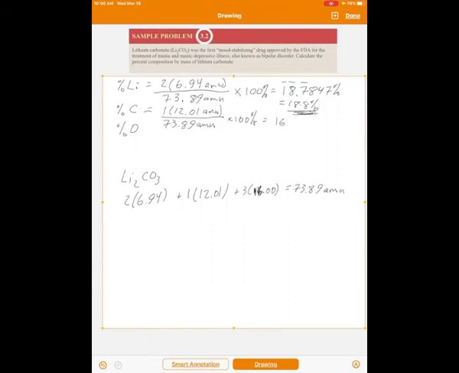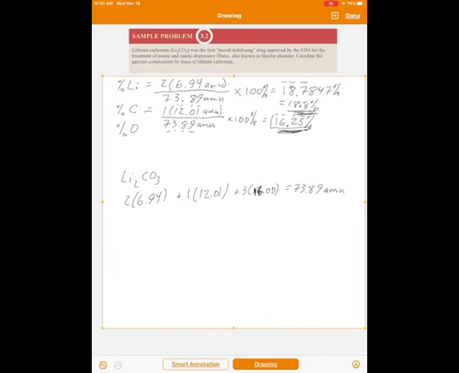However, let's take a look at sig figs. 1, 2, 3, 4. 1, 2, 3, 4. They both have 4, so our answer should have 4. Looks good. There we go. 16.25. So what that's telling us is that out of this entire chemical formula, around 18.8% or around 19% of it is lithium by mass, and about 16.25% of the mass is carbon.